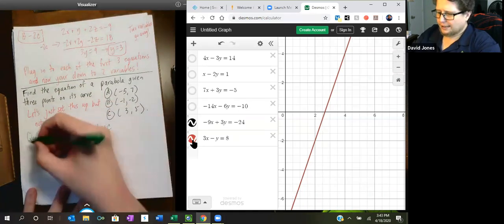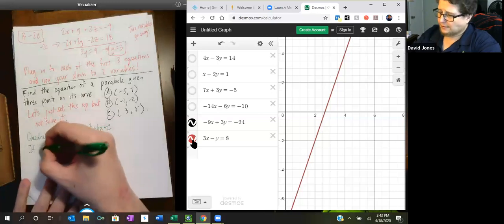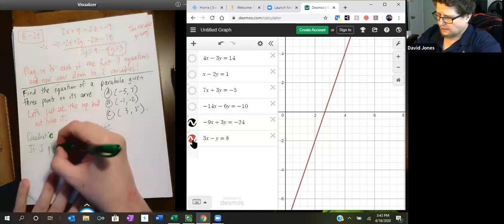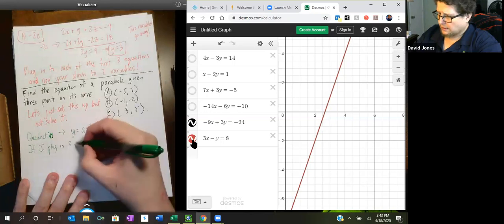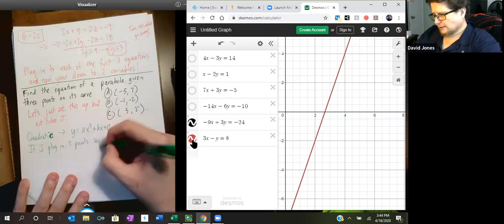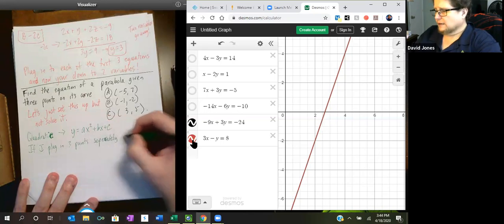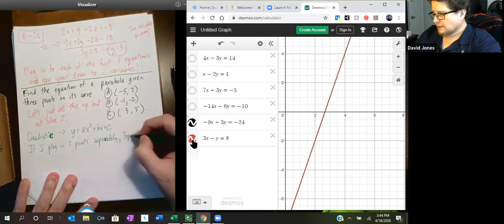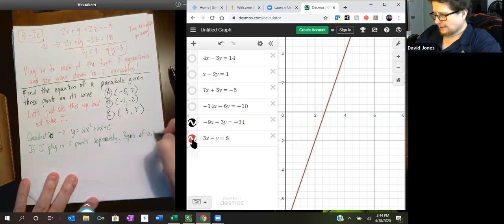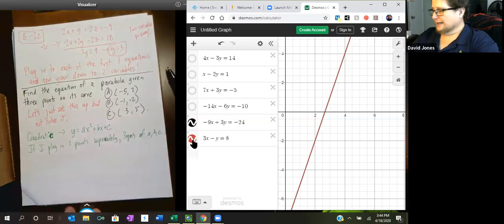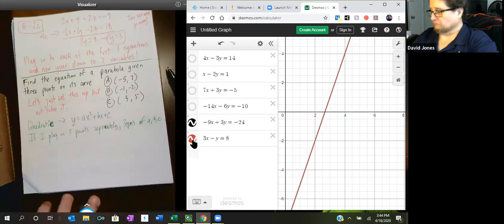If I plug in the 3 points separately, we get 3 equations of a, b, and c. The y's and x's go away, but we have a, b, and c.